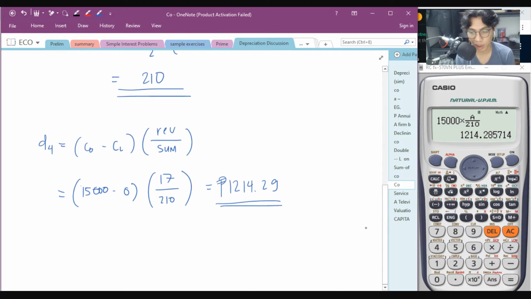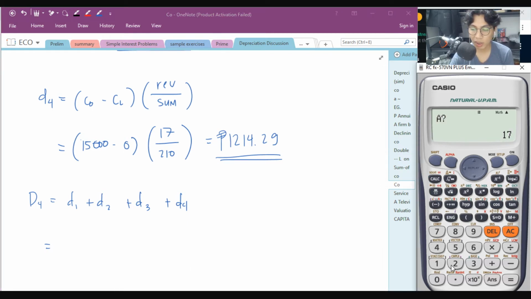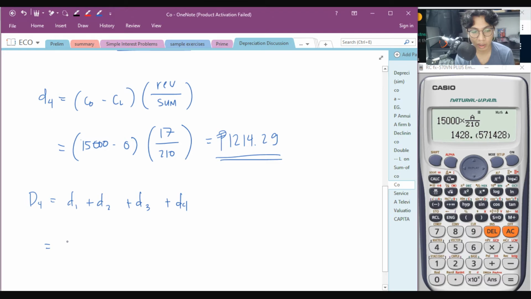Now let's find the total depreciation, D to the fourth: D1 plus D2 plus D3 plus D4. We don't know D1, we only got D4, so let me change this. Substitute 20 for 1: 1428.57.